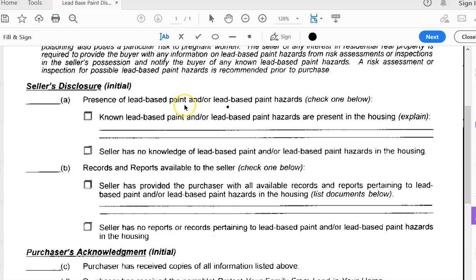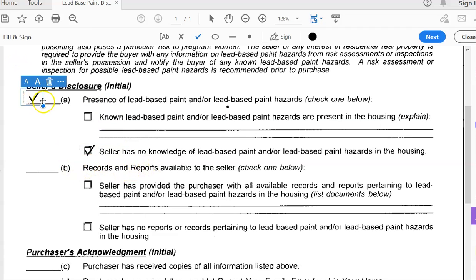Presence of lead-based paint and/or lead-based paint hazards: does your seller, your client, have any knowledge of any lead-based paint hazards in the house? Yes or no? If yes, they will check here. If no, seller has no knowledge, they will check here.